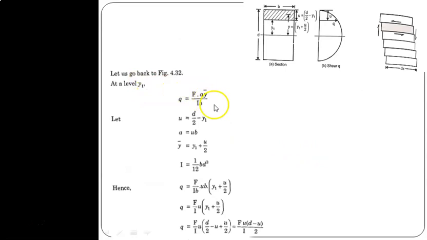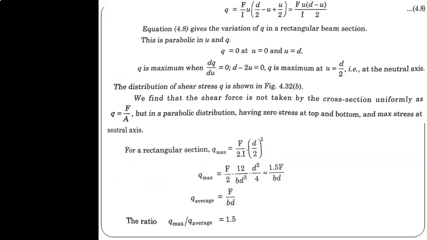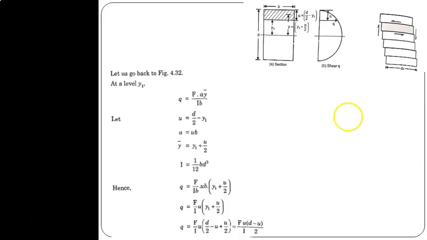So let us know this is q is equal to F A y bar by I b. Now we can find the shear stress for the different sections.